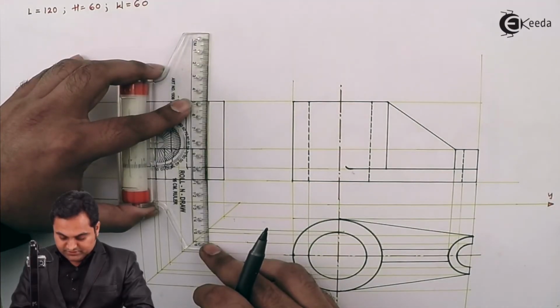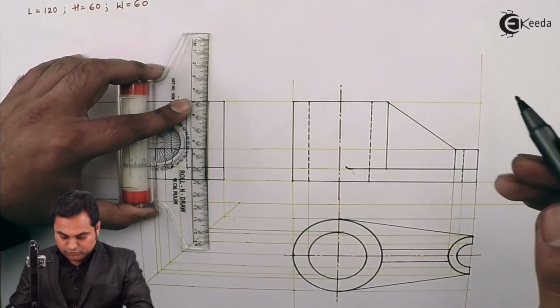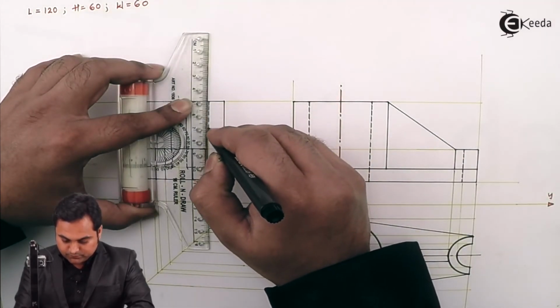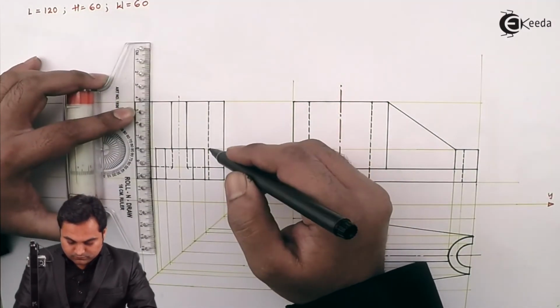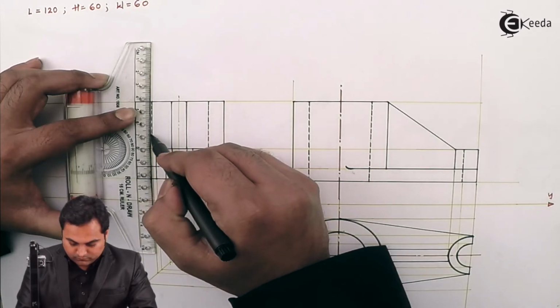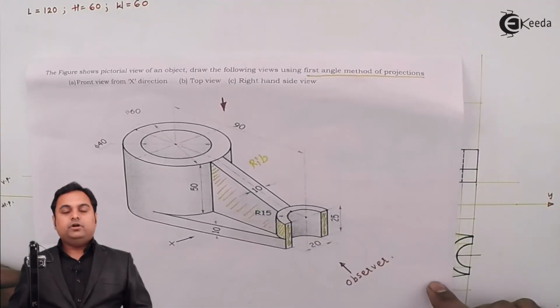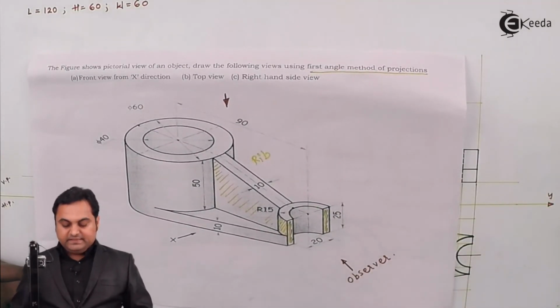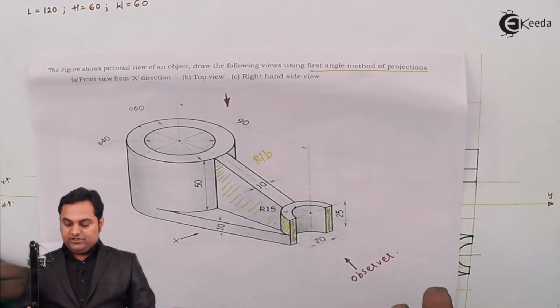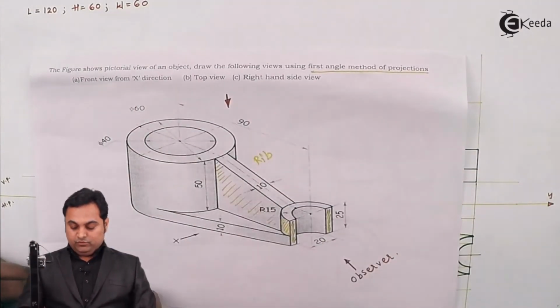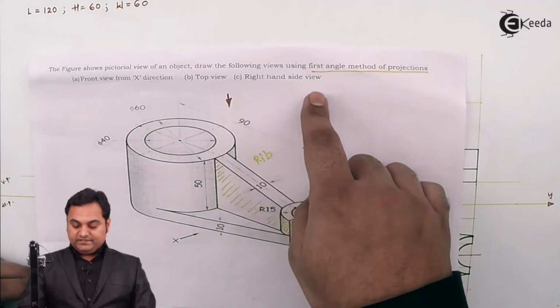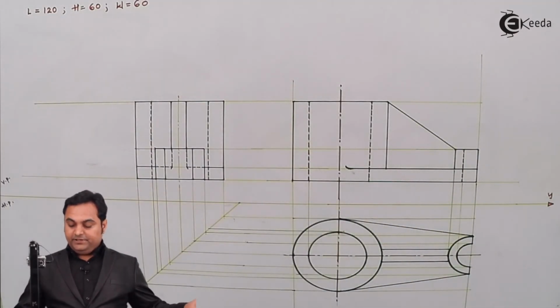That is, these are the hidden lines throughout. So here we complete even the right hand side view, and as mentioned in the question, we had to draw the front view from the X direction, top view and right hand side view. All the views have been completed.